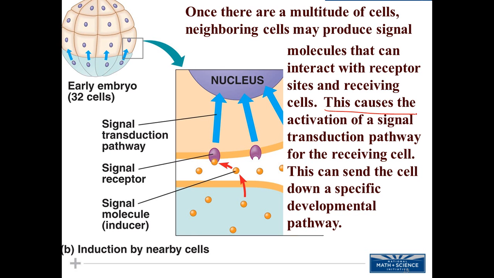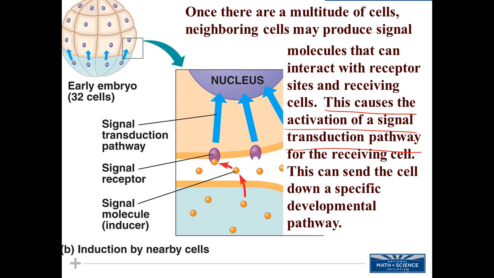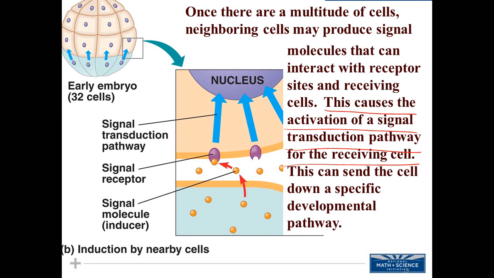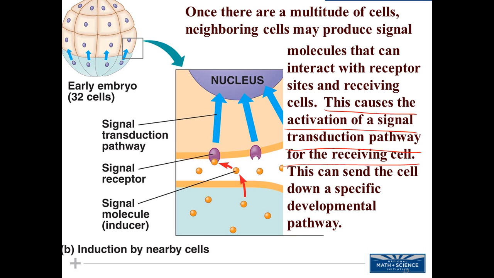It can cause an activation of a signal transduction pathway, causing certain genes to be activated and other genes to be inactivated. So here is a little embryo. It's 32 cells, and these lower cells are producing some sort of signal that is going to influence the outcome or determination of the cells above.